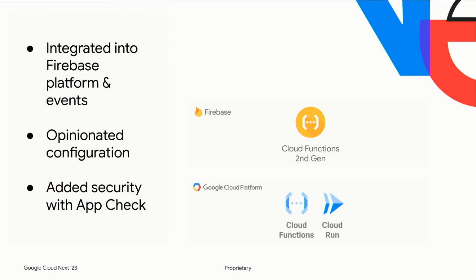And just to recap, when you talk about second-gen Functions, we're in good company. We take advantage of Cloud Run and Cloud Functions behind the scenes. We actually inherit a lot of the capabilities from these two products up to our product. And all of this allows you to get up and running really quickly.